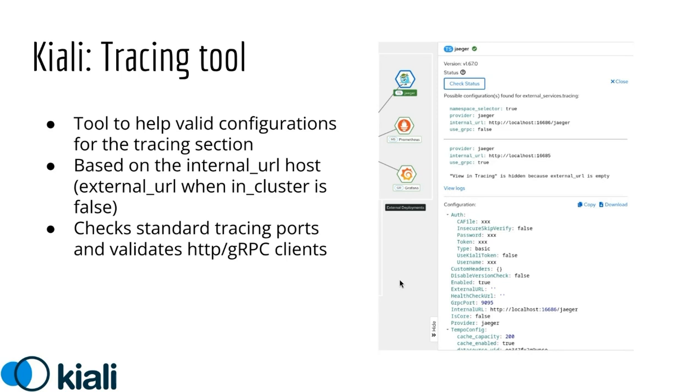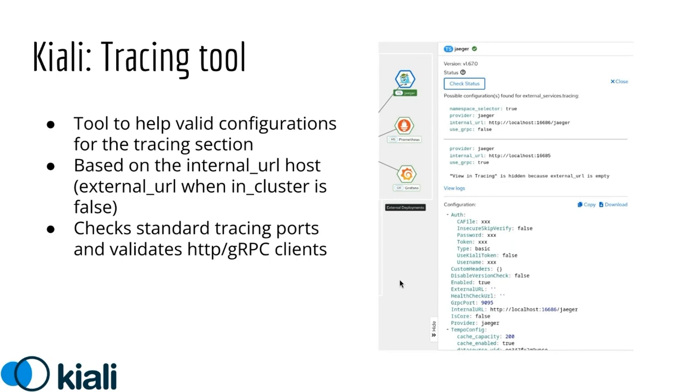And this tool is going to give us valid configurations because, for example, in the mesh page, we have a health check for, say, Jaeger, but it's a very basic health check. It's going to go to our tracing URL and do a request, and if the request returns a 200, our Jaeger service is going to appear as a valid service.